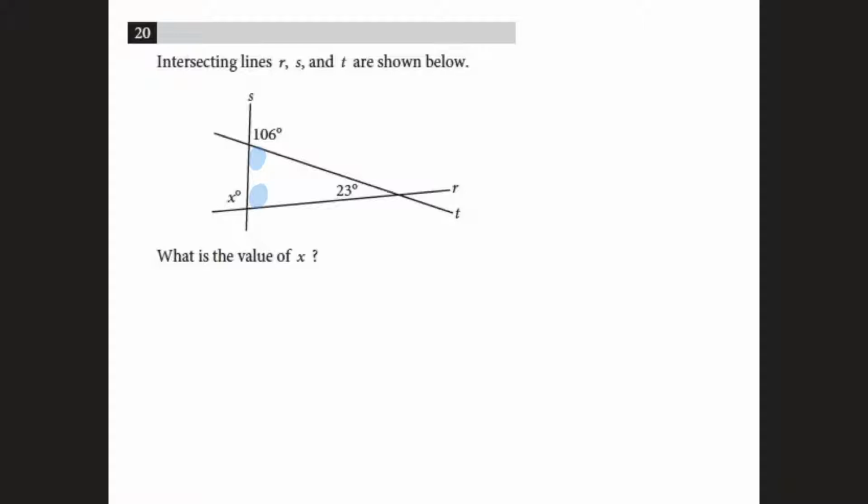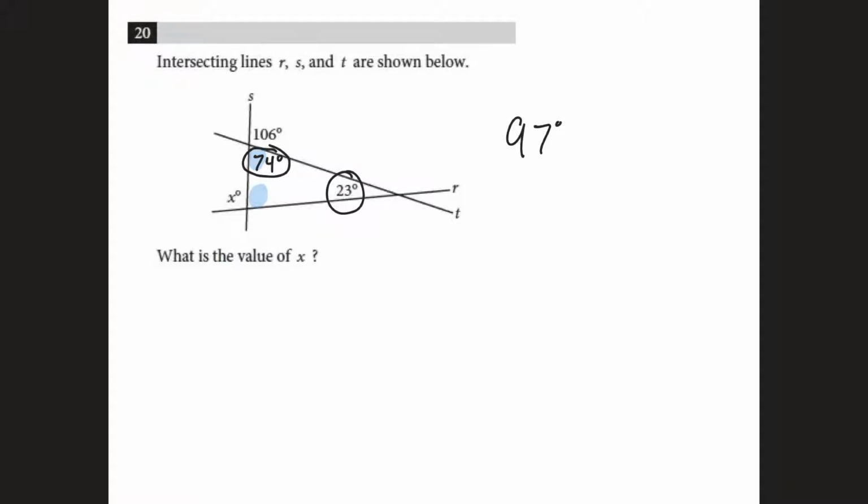So let's see, 106 plus 74 is going to be 180 degrees. And then I know that the interior degrees of a triangle are going to sum to 180. Okay, so right now with this angle and this angle, we have a total of 97 degrees.